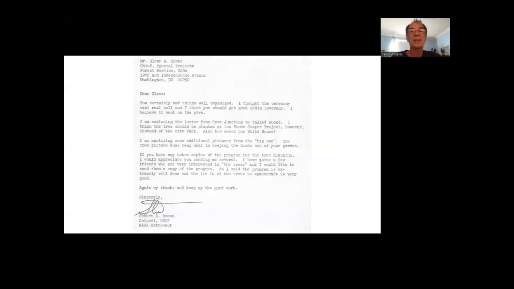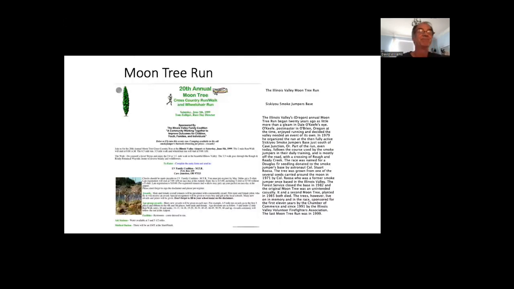So anyway, that tree. I will tell you that here's a letter I got. Glenn Kovar was also one of the main people involved in the Forest Service with this, and he sent me a copy of this letter that he got from Stuart Roosa, where he was suggesting that they would plant one of the trees at the Siskiyou Smoke Jumpers base. And in fact, they did that. They went to the Smoke Jumpers base, they planted a tree there, and they actually had a whole thing around it.